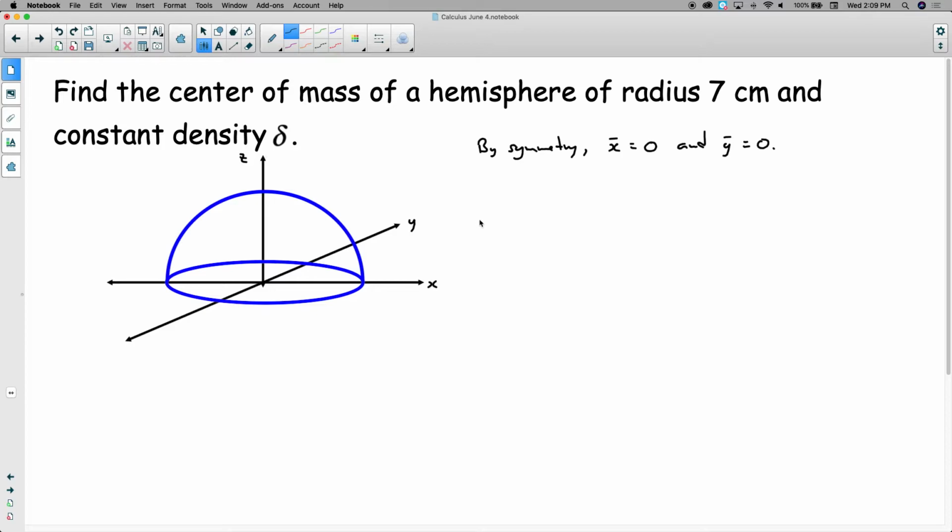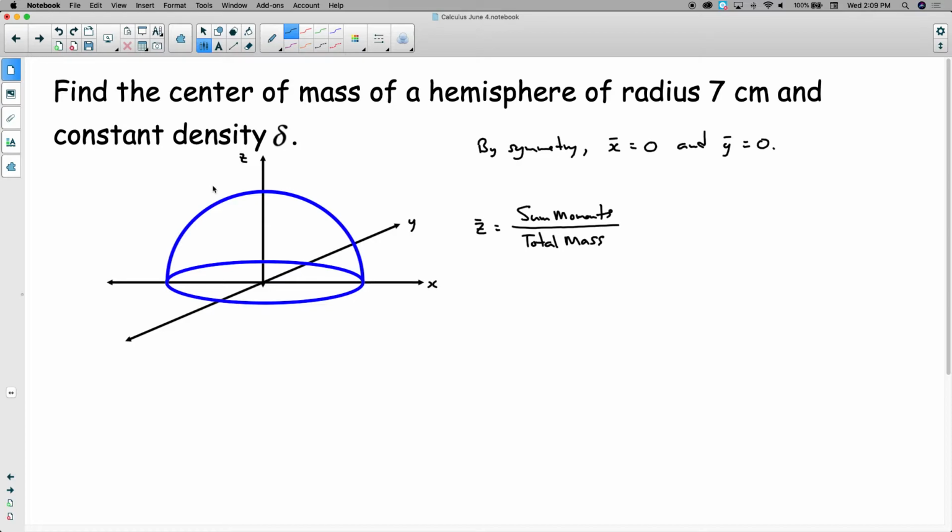Okay, so let's get the formula for z bar. And z bar is equal to, conceptually, the sum of the moments divided by the sum of the masses. I guess you could just call that total mass. Okay, but it does have this density that is lowercase d.